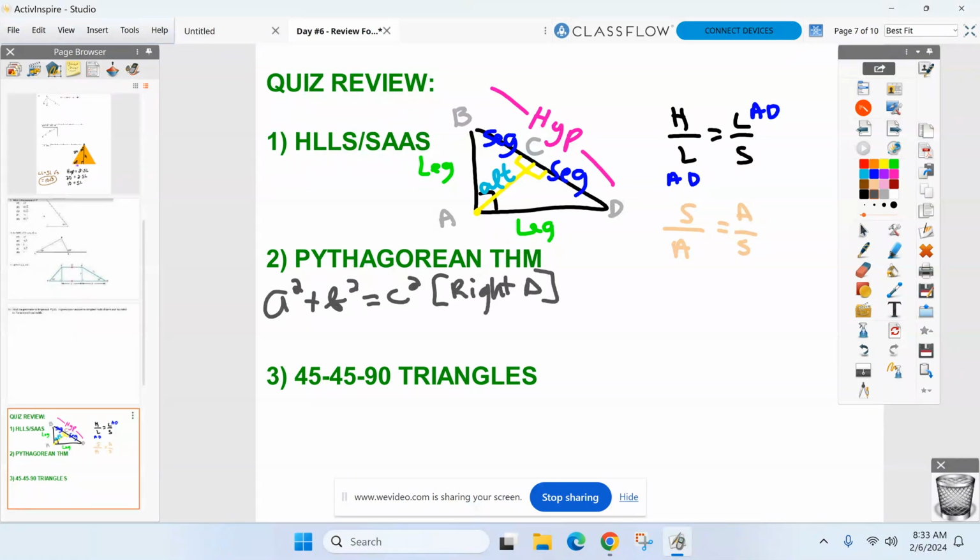What if I do this to you tomorrow? I give you 3 sides of a triangle. You plug them into Pythag, and A squared and B squared come out to be less than the C squared value. So C squared is bigger. What type of triangle is this, because it's not right anymore? Is it acute or obtuse if C squared is bigger than the other 2? You do the 2 smaller sides squared, and then the biggest side squared.